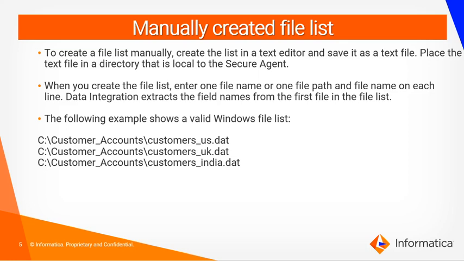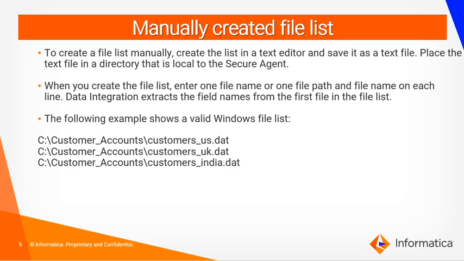Manually created file list. To create a file list manually, create the list in a text editor and save it as a text file. Place the text file in a directory that is local to the secure agent. When you create the file list, enter one file name or one file path and file name on each line.